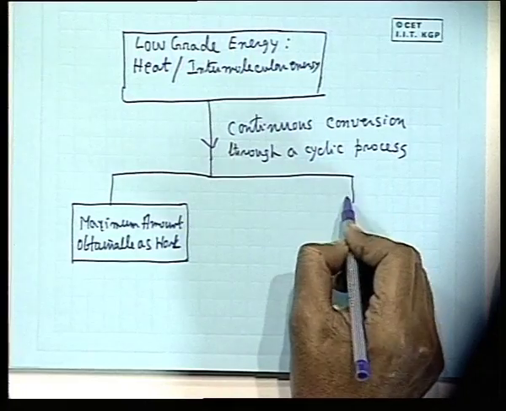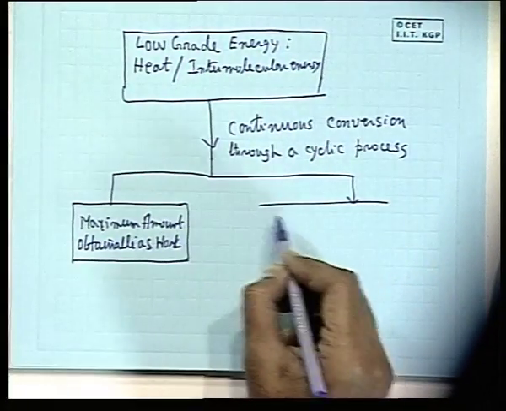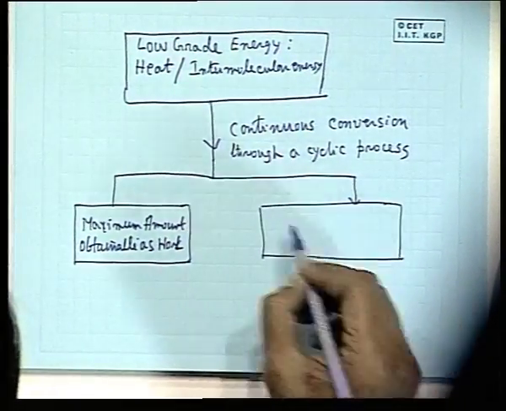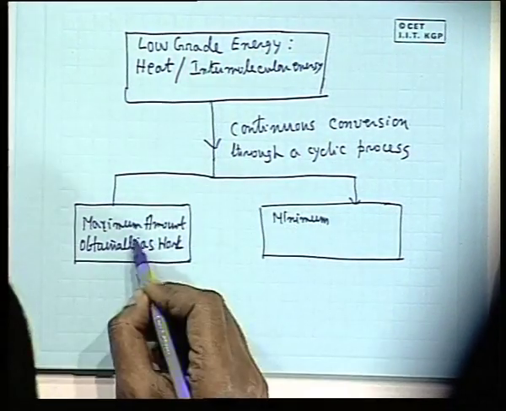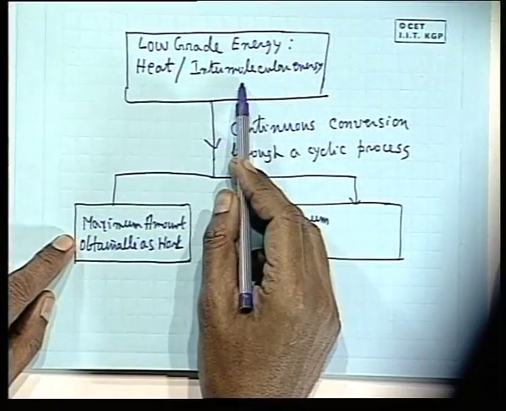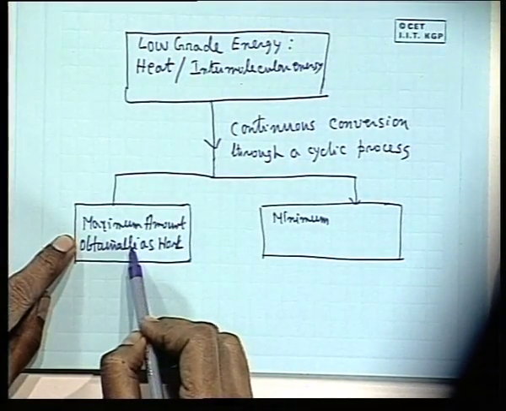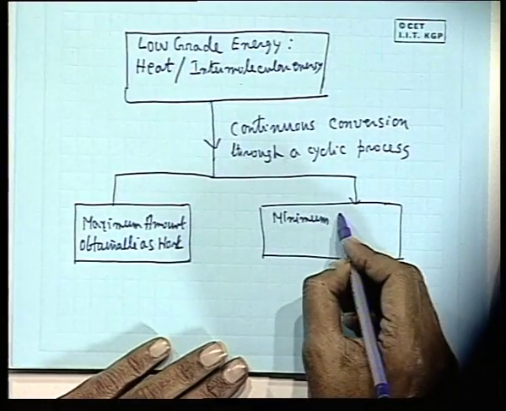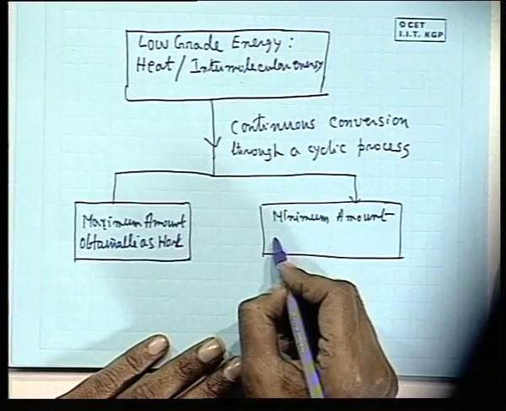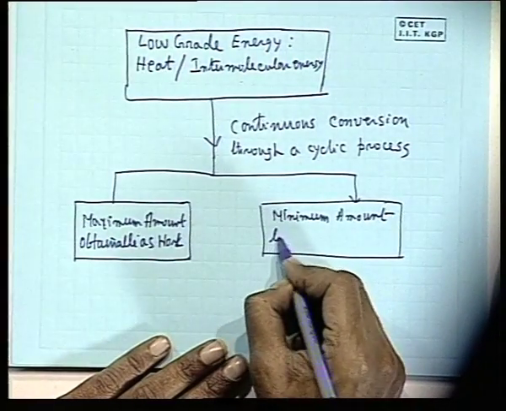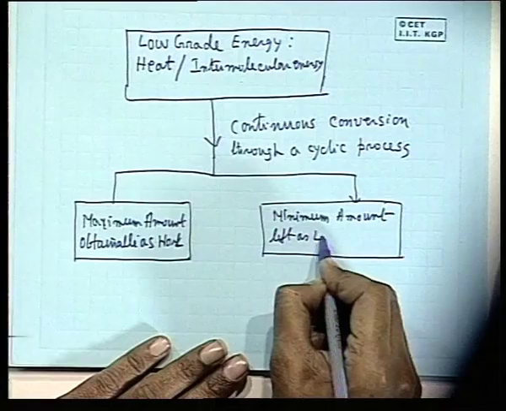So, obviously, these two are dependent, a minimum amount. So, there is a minimum amount when this obtainable work is a maximum, that means a maximum conversion is possible as work, which means automatically there is a minimum fraction or minimum amount left as what?